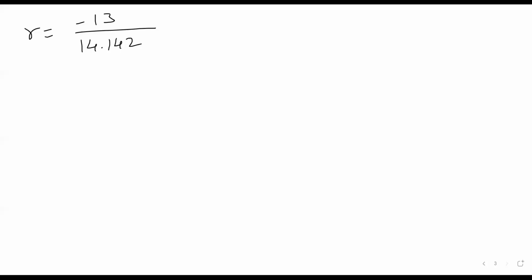So 13 divided by 14.142 is minus 0.919, or minus 0.92. R is always in between plus 1 and minus 1, so this is allowed.